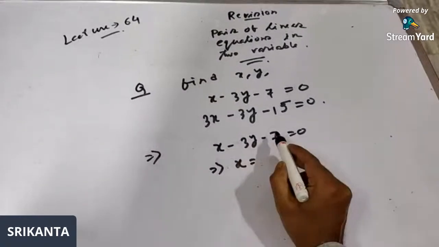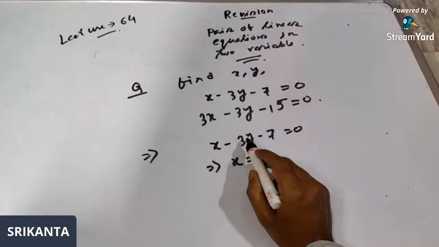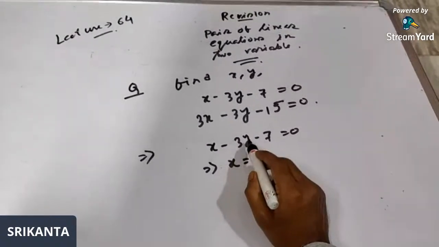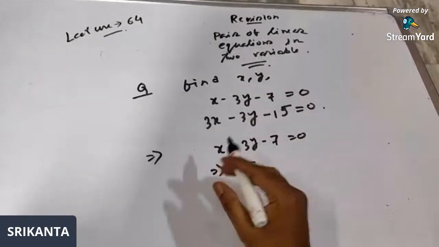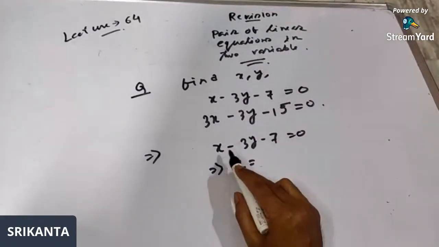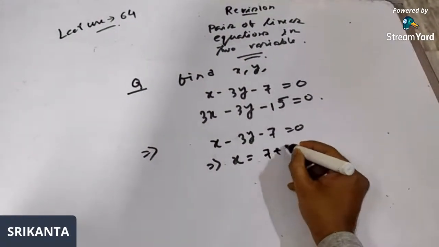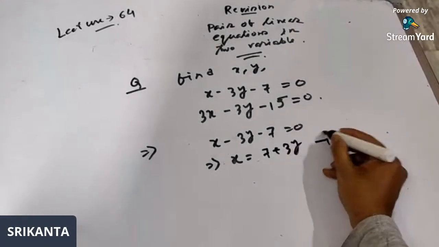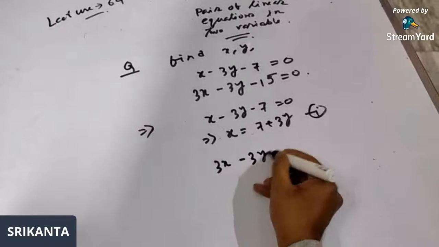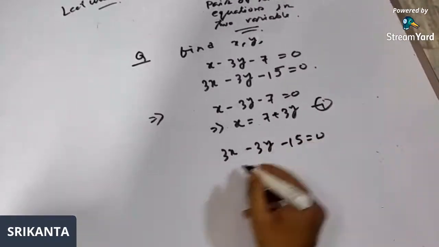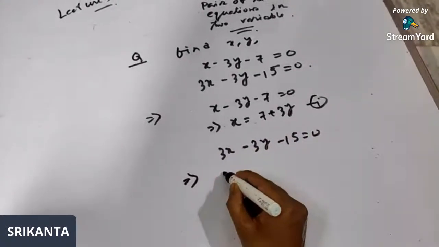I'm finding x in terms of y because it is easy to find, because here is 3y. So if I find y in terms of x, actually it will be 1/3 of something, right? But therefore it is easy to find the value of x. So x will be what? 7 plus 3y. Again, second equation is, put the value of x.